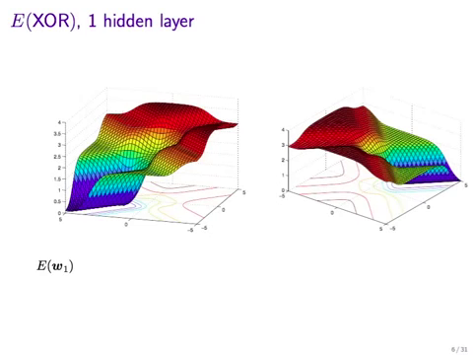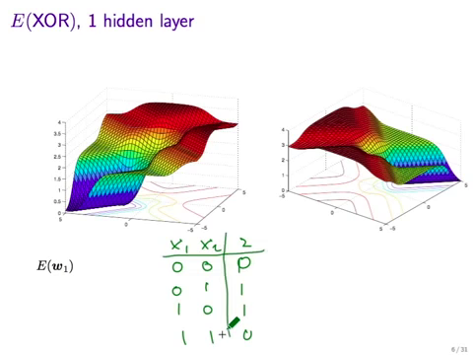Look at the following example. Suppose we have the following data set representing the XOR function. 0, 0 is mapped on 1, and this is x1, that's x2, and that's z. 0, 1 is mapped on 1, and this should be 0, of course. 1, 0 is mapped to 1, and 1, 1 again is mapped to 0.